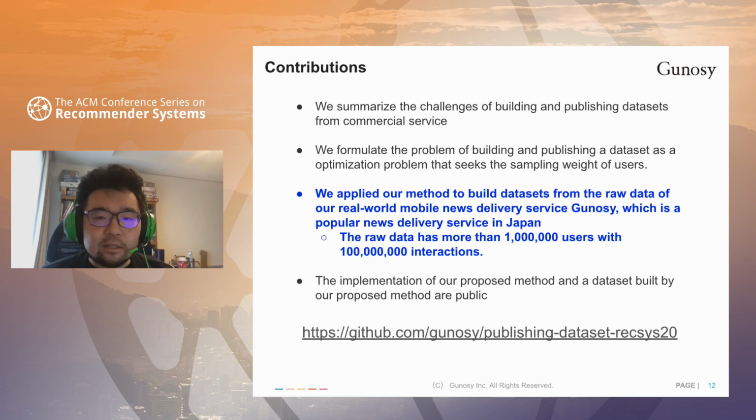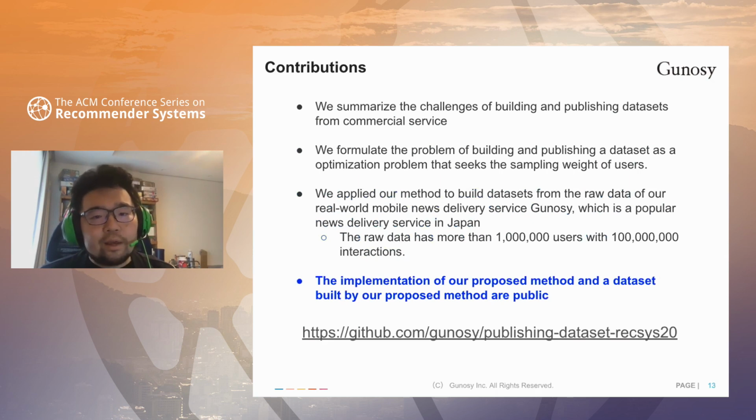The raw data has more than 1 million users with 100 million interactions. Lastly, the implementation of our proposed method and the dataset built by our proposed method are public. We have managed to persuade our business manager using this method.